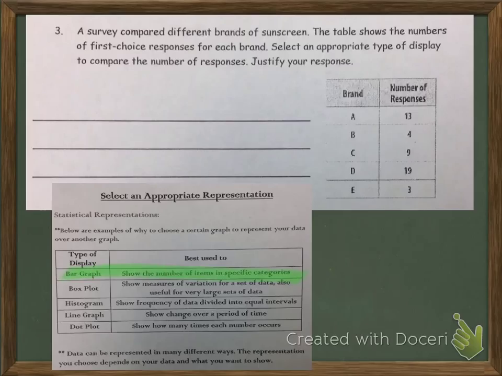We don't want a line graph that shows change over time. We don't want a histogram that shows frequency of intervals, because we don't have intervals. We just have brands.